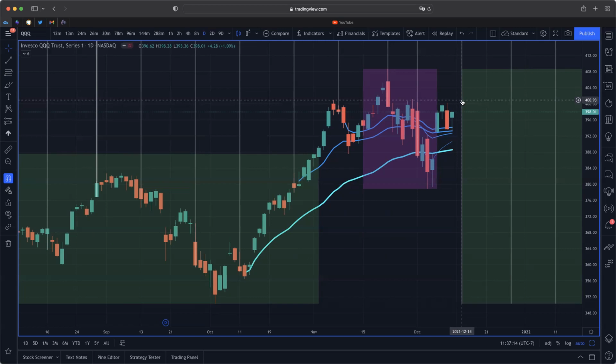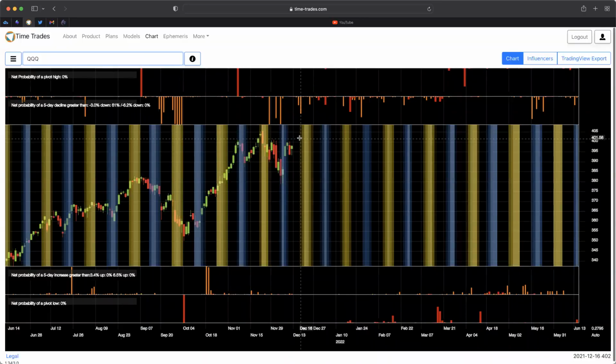So I'll be watching closely for that on Tuesday morning, using that first 30 or 60 minutes of trading to set an opening range and then look for a breakout possibly below that. That is the overall context for the Qs, and I'm going to be looking for that to play out this week with a couple days of lower prices heading into Friday.